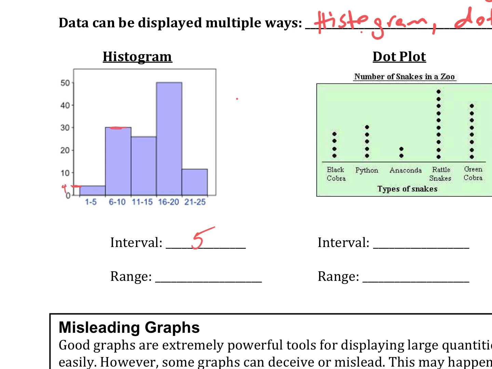Here, this looks to be about 30. There were 30 pieces of information that fell between 6 and 10. But we do know that the highest we could possibly be is 25. The lowest we could possibly be is 1. So our range would just be 25 minus 1, which is 24. So it does have a range of 24.